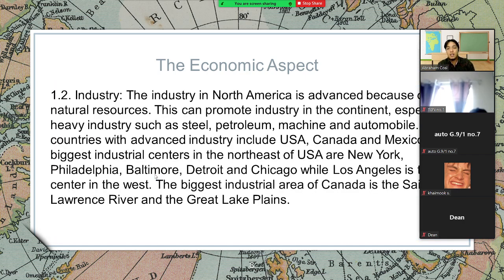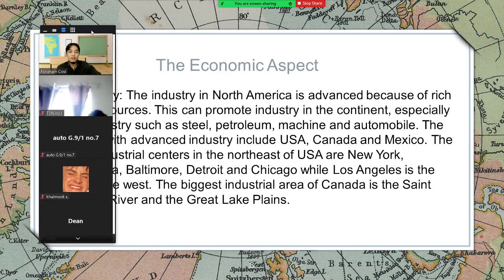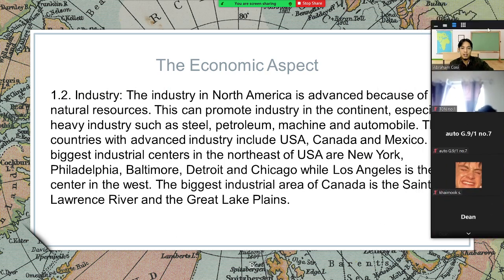North America has advanced industries because they have lots of natural resources. Products such as steel, petroleum, machines, and automobiles are their main industrial products.